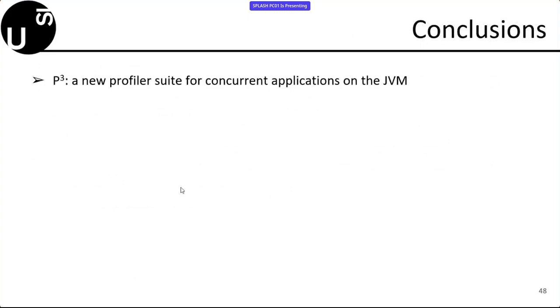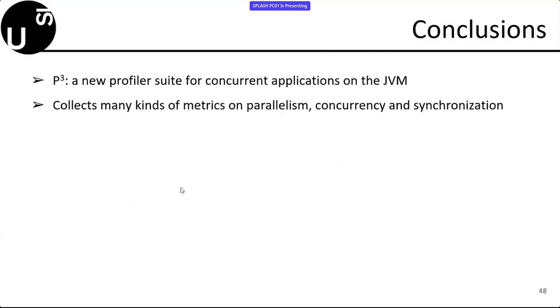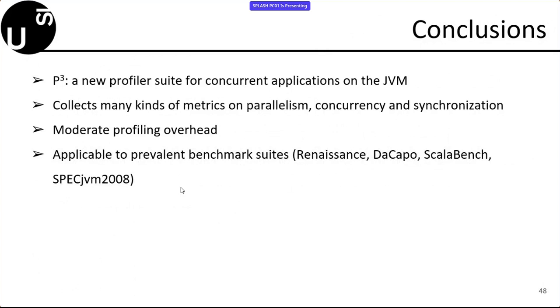So to conclude, here I presented P3, which is a new profiler suite for concurrent applications on the Java virtual machine. Our tool can collect many kinds of metrics related to parallelism, concurrency, and synchronization. It incurs a moderate profiling overhead.